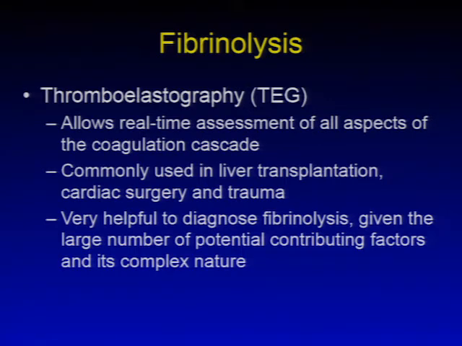It really came into being clinically during liver transplantation at the University of Pittsburgh in the early and mid-1980s. Its usefulness has become validated, and now it's much more commonly used as well in cardiac surgery and trauma situations. Again, very helpful to diagnose fibrinolysis because it's such a complex situation with multiple potential contributing factors.